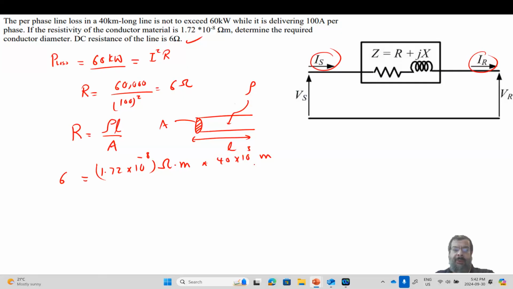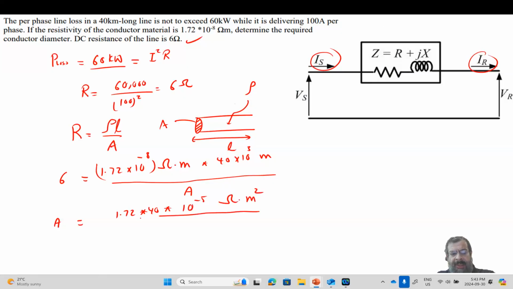I will convert that to meter, divided by the cross-section area A. So your A will equal 1.72 times 40 times 10 to the minus 8 times 10 to the power 3, which is 10 to the minus 5 ohm dot meter square, divided by the 6, and this is in ohms.